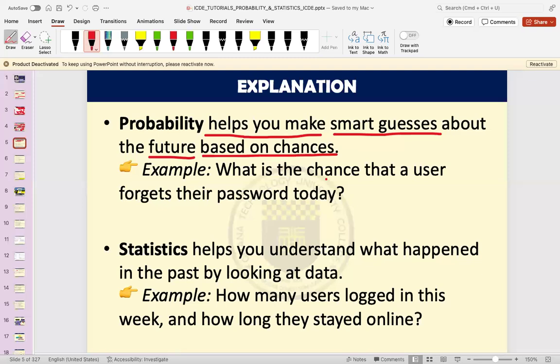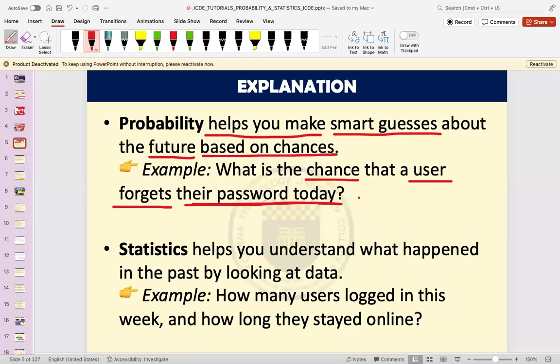Let's look at an example in IT. What is the chance that a system user forgets their password today?